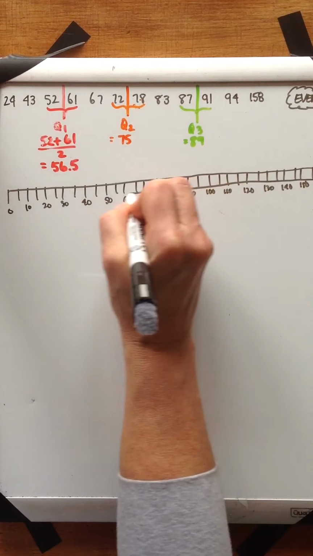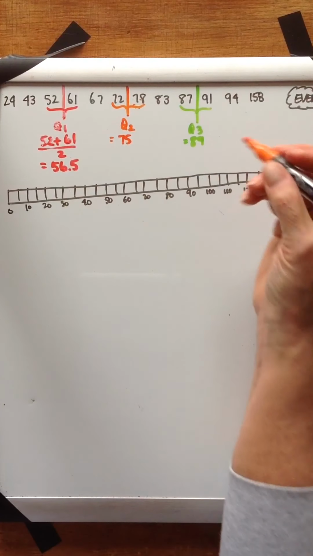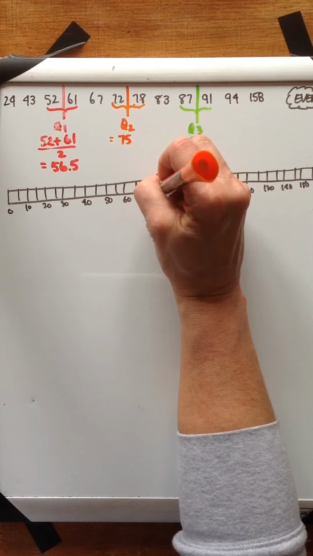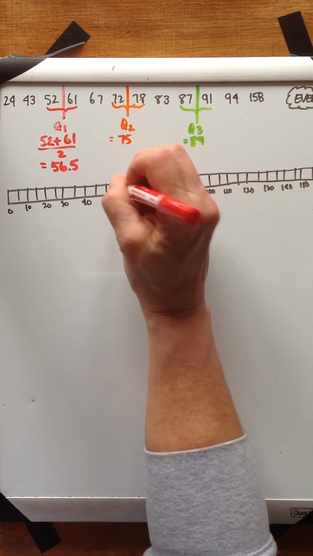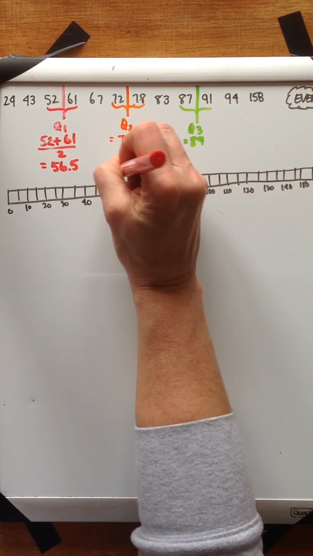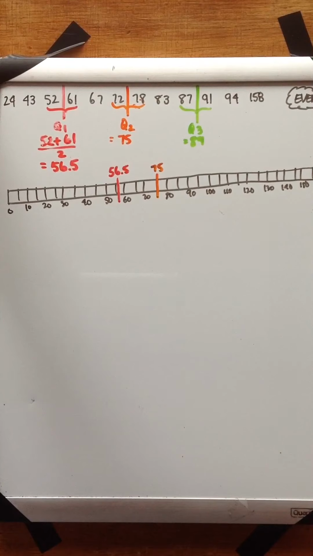All right, let's start labeling some key features. Let's start in the middle and then work outward. So 75 for Q2 would be located right on this line right here. Okay, we can do Q1 and Q3 as well. 56.5 will be just past the 55 mark. I think I will label this one because it's going to be hard to know that it's a half value, even if I did have perfect squares.